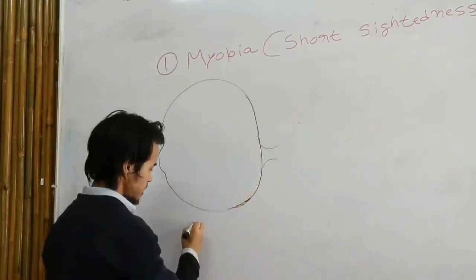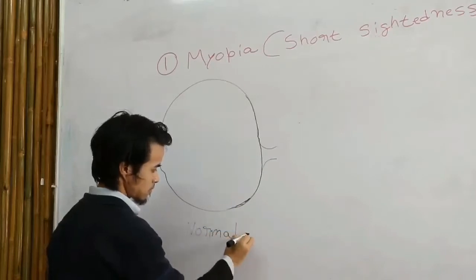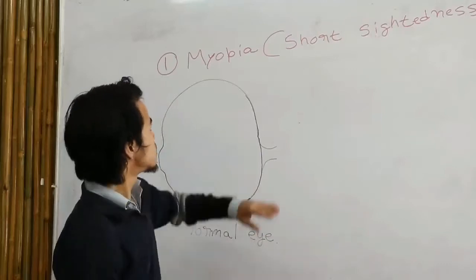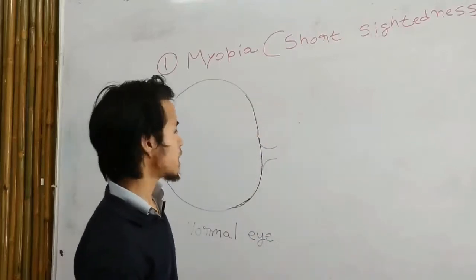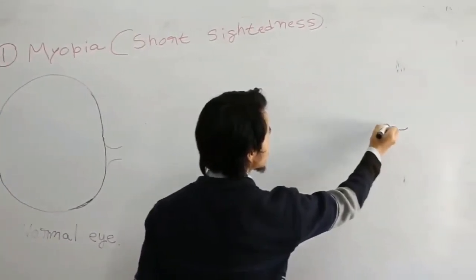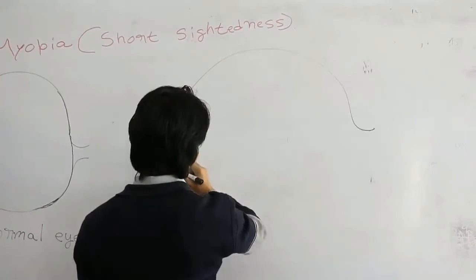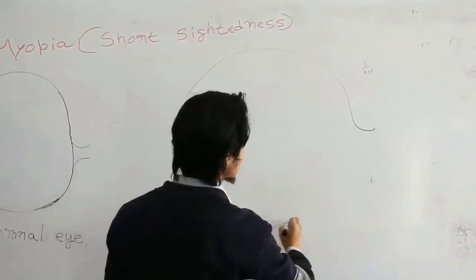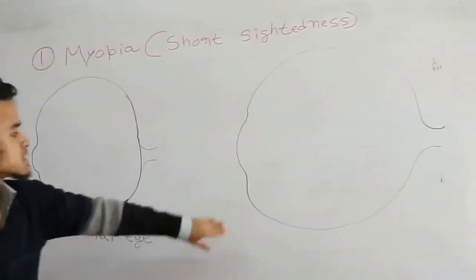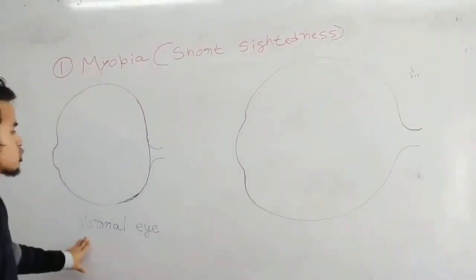This is a normal eye. If a person is suffering from myopia, the eyeball will be elongated or increased in size. So you will have an eyeball somewhat like this. We clearly see that this eyeball has a larger size than the normal eye.